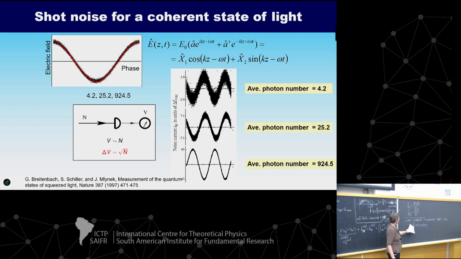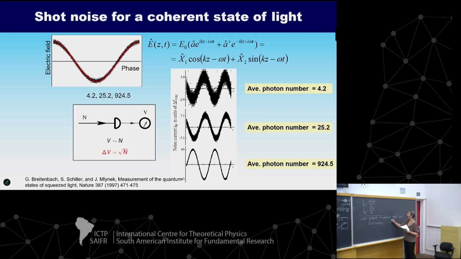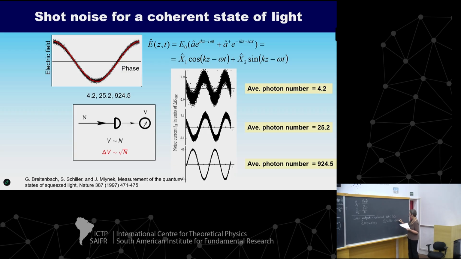In this case, alpha is going to be the average value of the field. The average value of one quadrature is the real part of alpha, or the average amplitude alpha times cosine of some phase.